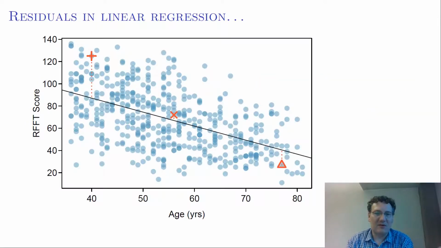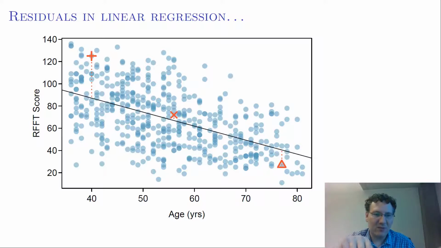You can see here the idea that for this first data point at 40 x, we had a value of about 125 or so, but the line that fits the data would have predicted roughly 87. That difference, what was actually observed minus what was predicted, is the residual for that particular data point.